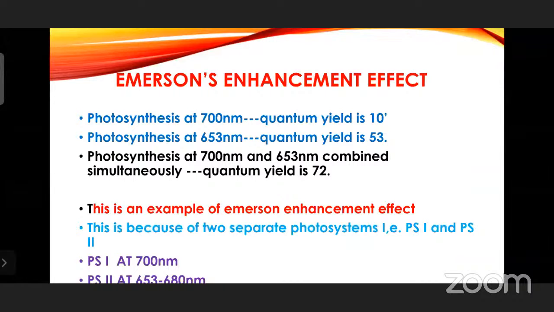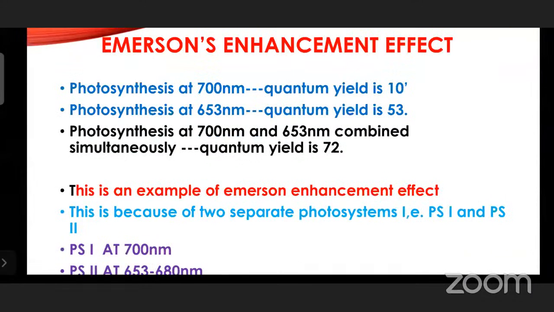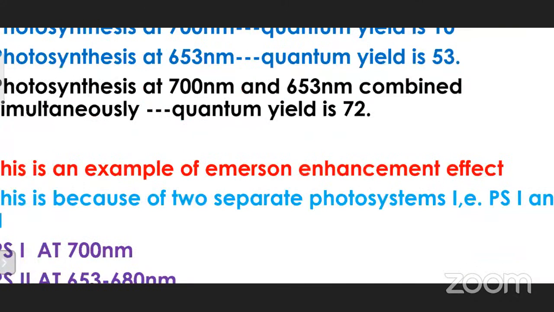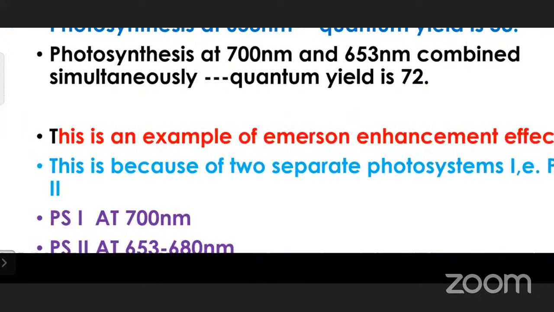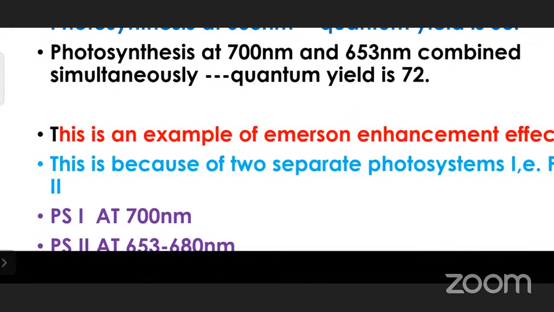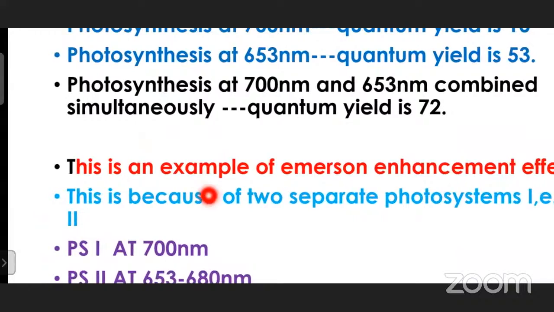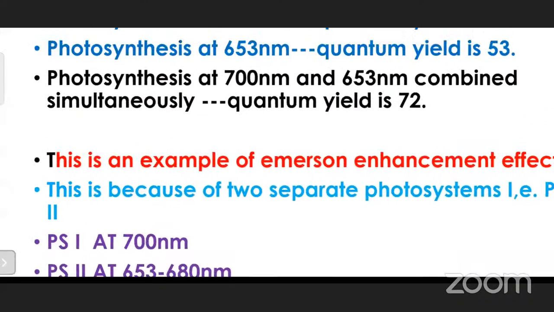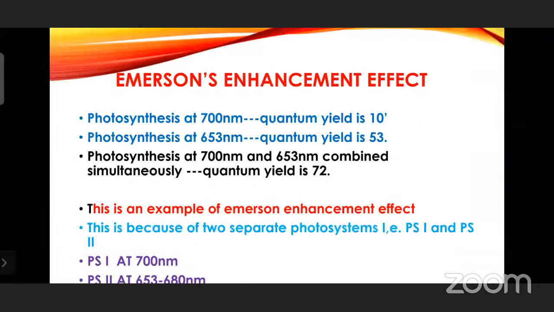Photosystem 1 is at 700 nanometer and photosystem 2 is at 653 to 680 nanometer. Depending on the order of identification, the names 1 and 2 are given. 700 nanometer was found first, then afterwards photosystem 2 at 653 to 680 was found. So remember photosystem 1, photosystem 2. This terminology will be used in the next session.